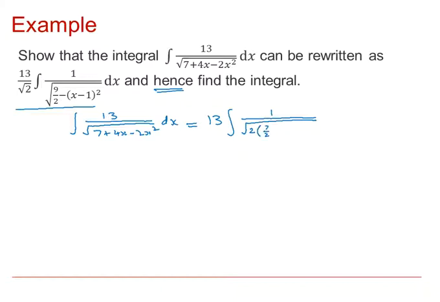So it becomes 7 over 2 plus 2x minus x squared with respect to x. So we've now got 13. I'm going to bring the divide by root 2 outside the integral, and we'll have a good look at what is left.